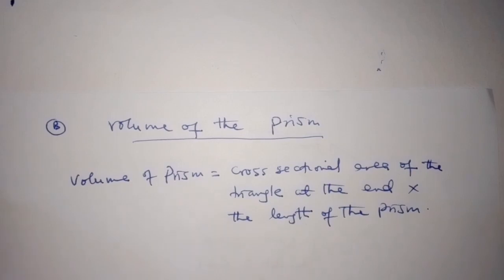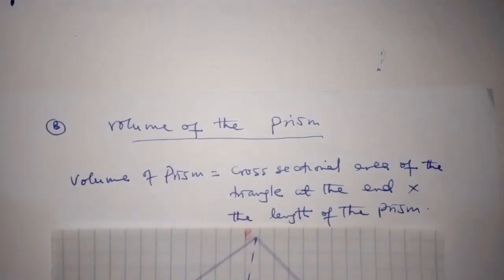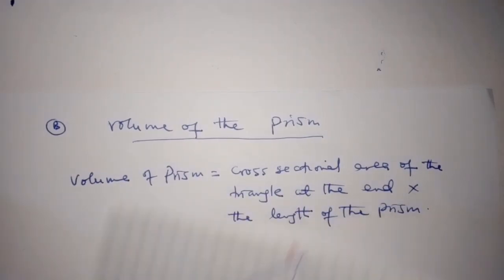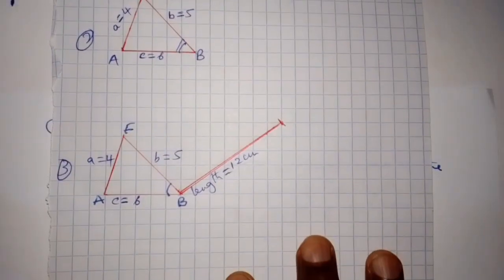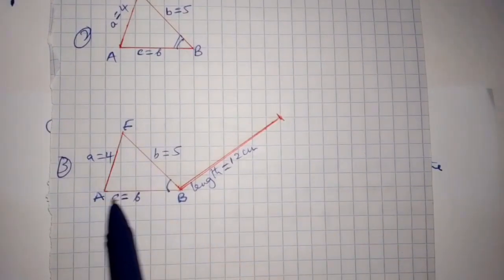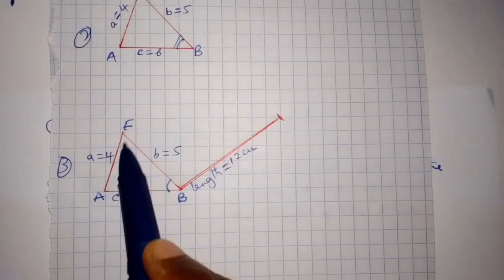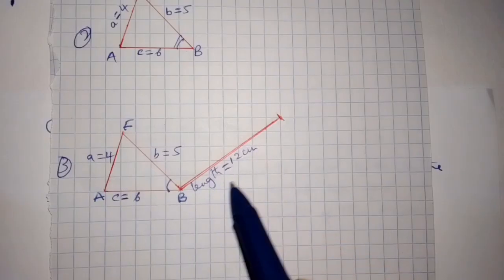The cross-sectional area of the triangle at the end is this one here, and the length is this one here.